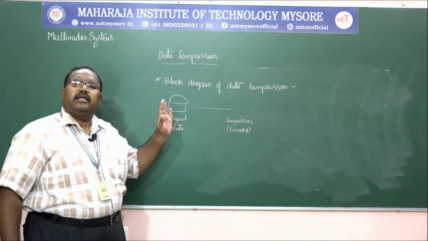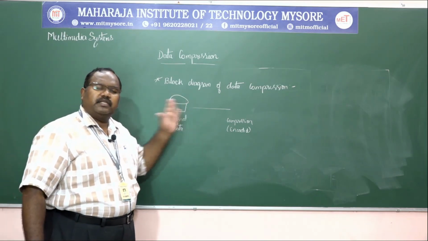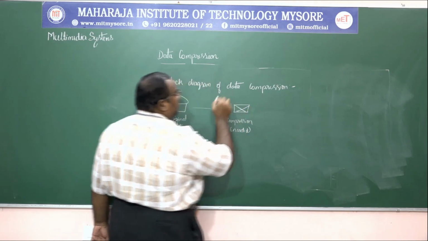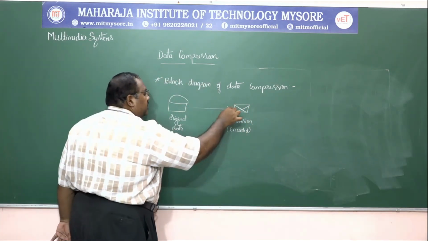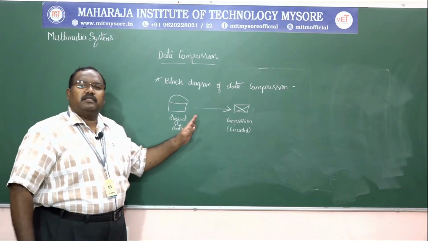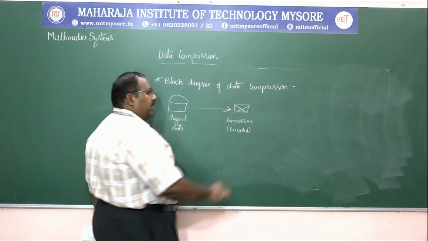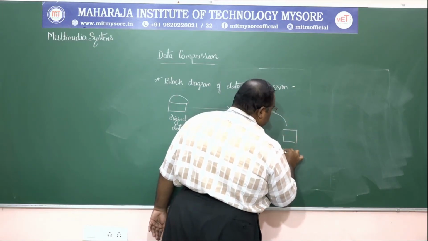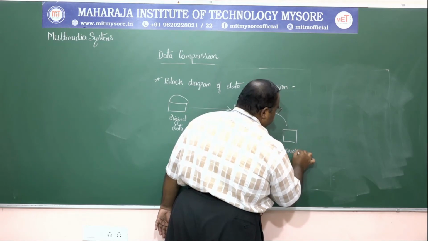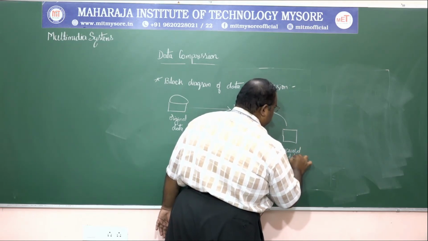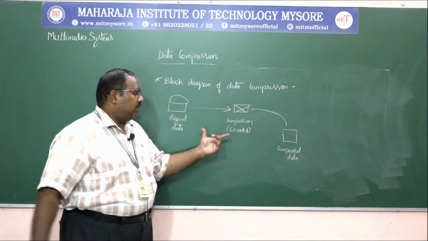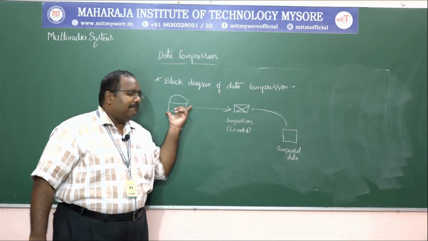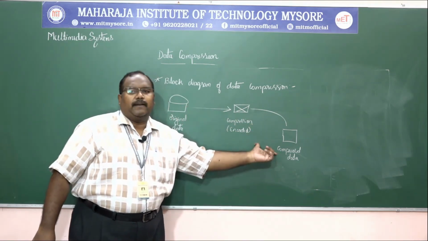So when the original data is compressed, it is represented in a different way. Means the data is first compressed. So what happens during the process of compression? We get compressed data. Means with the process of compression, we call it the encoder. We compress the original data into compressed data.